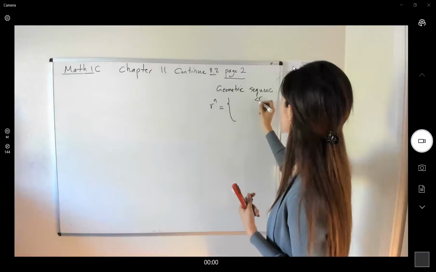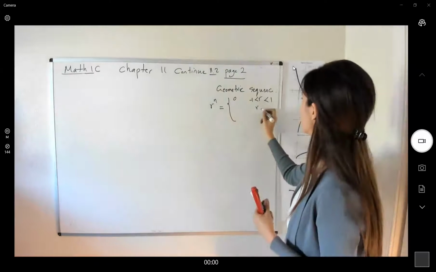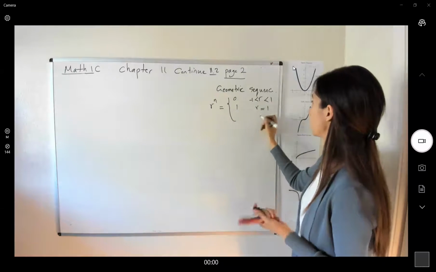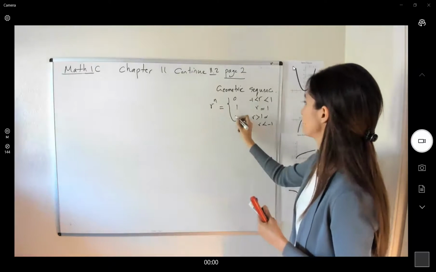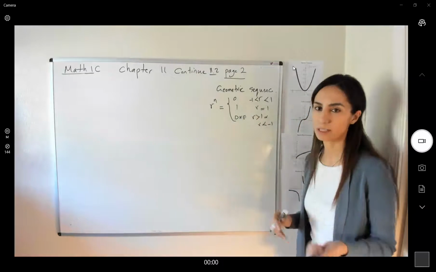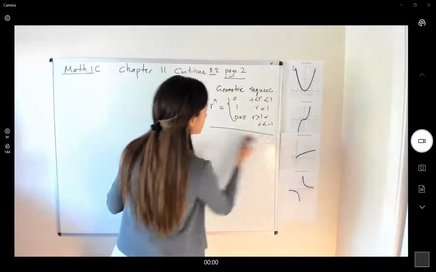If r is between -1 and 1, the limit is 0. If r is equal to 1, it is 1. And if r is greater than 1 or less than -1, you say that it doesn't exist, or it's infinite.